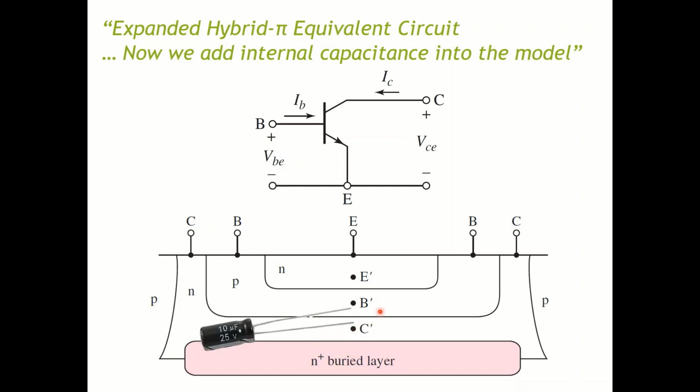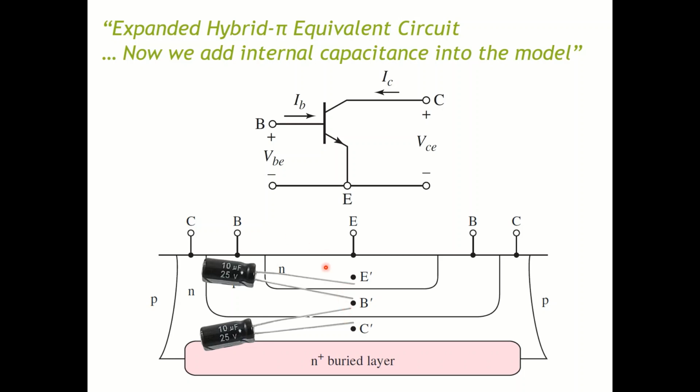And between, for example, the B and C in here, there's a junction, right? That junction can actually have some capacitance, because what is a capacitor? A capacitor is technically two conductive plates with a dielectric inserted, so the junction can also act as a dielectric under certain conditions.